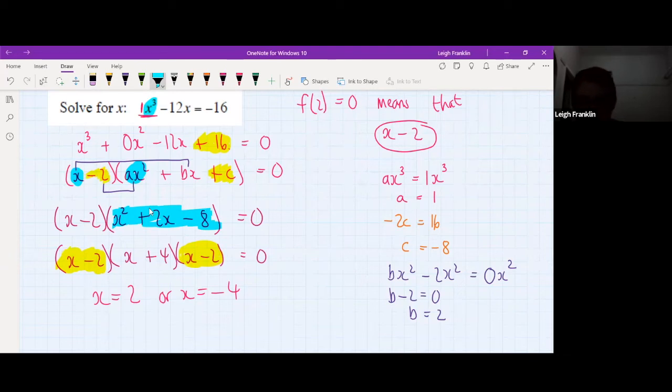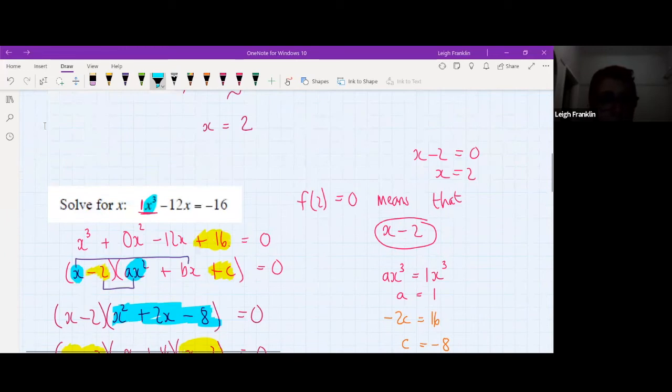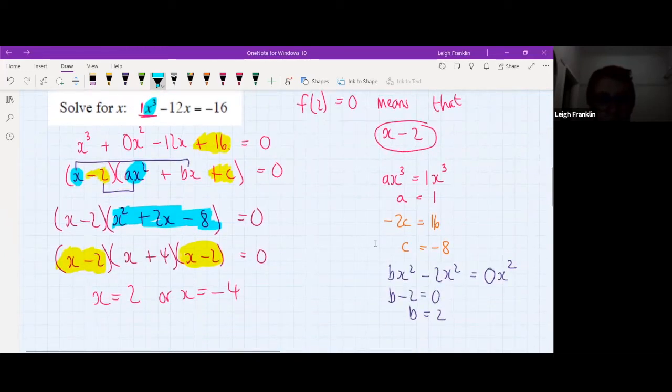Now I see I've lost Kanyisile, that's fine. And I've also lost Hope. Ma'am, I don't understand where f of x equals 0 comes from.